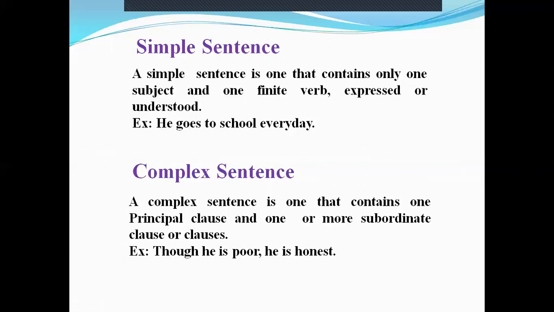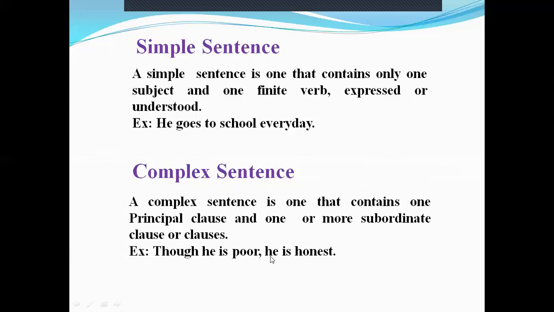A complex sentence is one that contains one principal clause and one or more subordinate clauses. For example, though he is poor, he is honest. Here there are two clauses. One is though he is poor and another one is he is honest. So there are two subjects and two finite verbs. In the first clause, he is the subject, is is the verb.